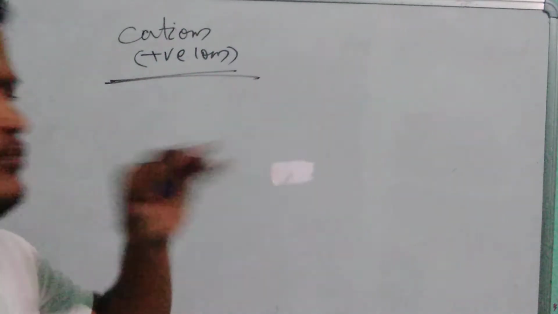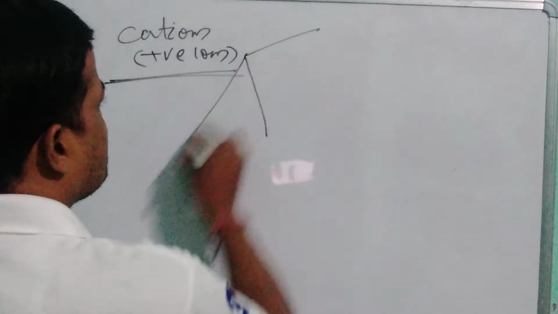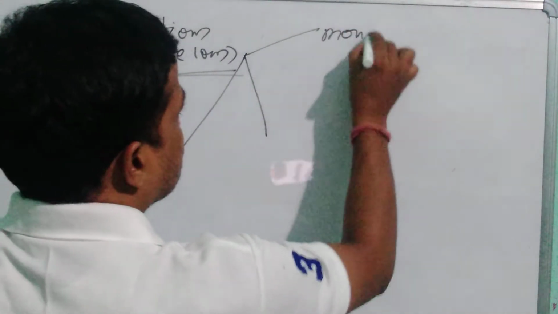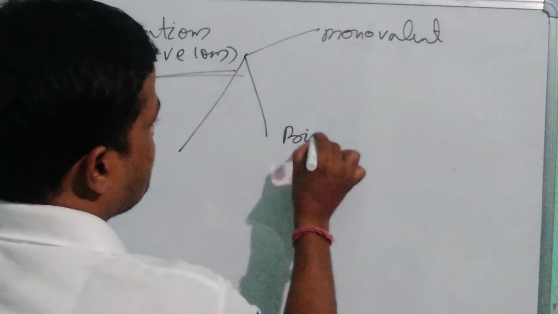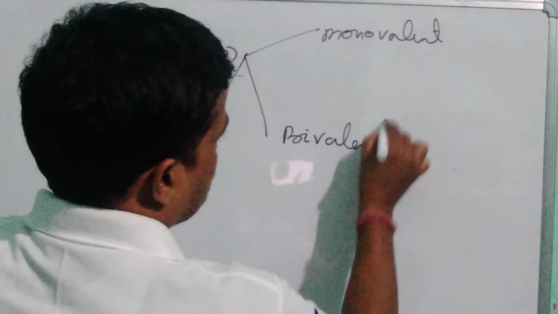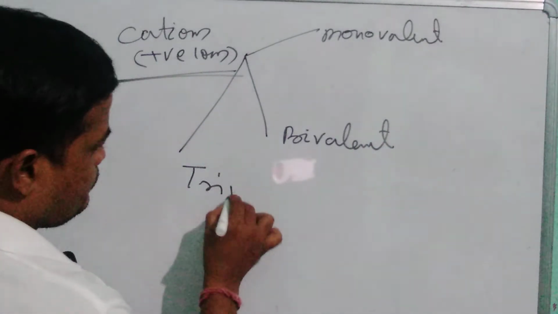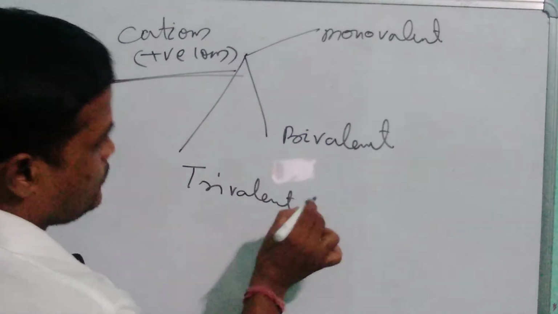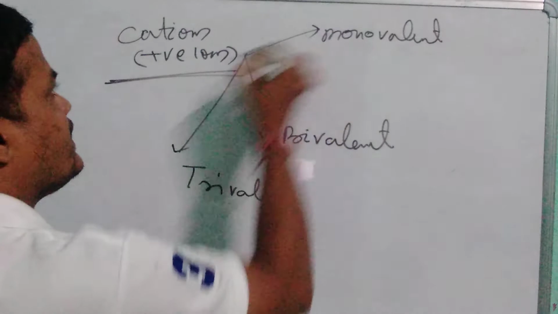As we have told already, these are of three types: monovalent, bivalent, and trivalent.